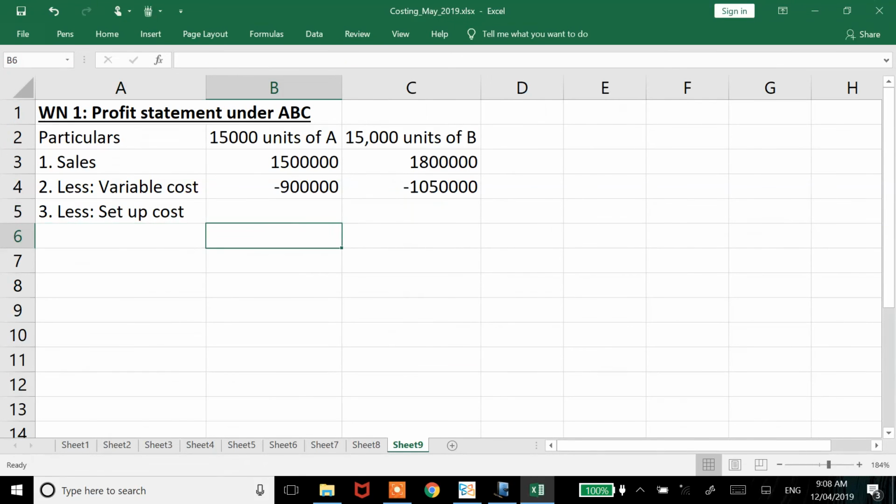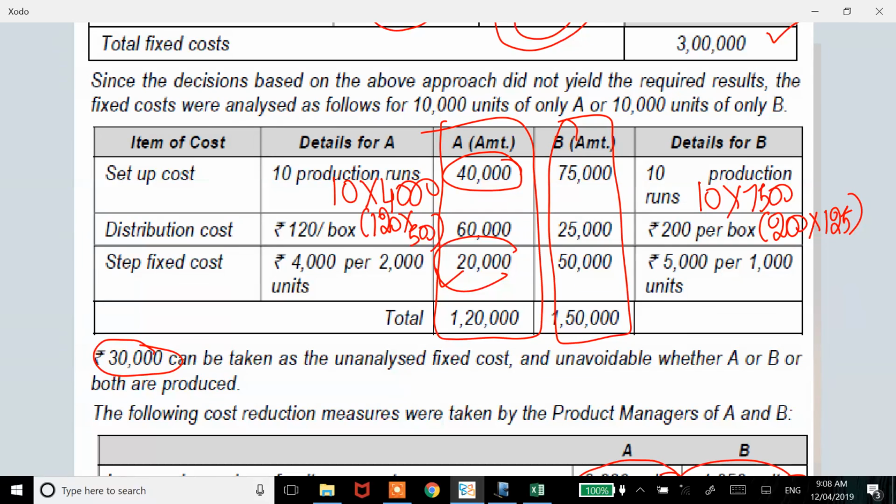So listen, less setup cost. Earlier the cost was 10 into 4,000. I will go through the data points and see whether the 10 production runs are going to change. Maybe the data points tell me it will not be 10 production runs now, it can be 20. They can also say it's not 4,000, it's 3,500 now.